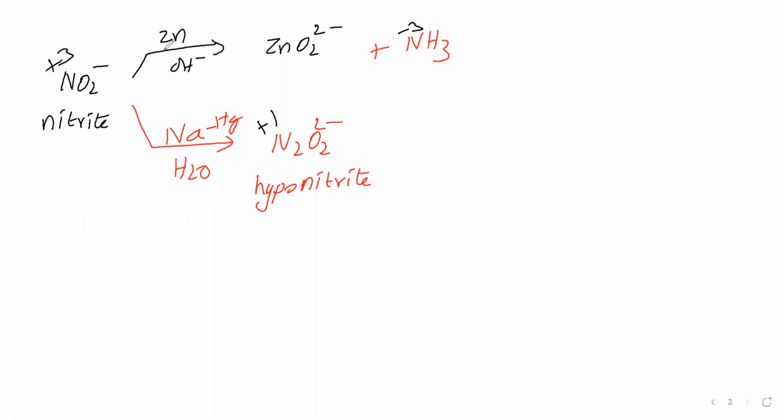Here the nascent hydrogen reactivity is such that +3 is converting into -3. So if the nascent hydrogen is from different sources, then we are getting different products. So nascent hydrogen from different sources leads the reaction towards different products. This is about nascent hydrogen.